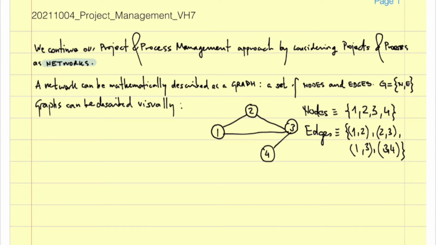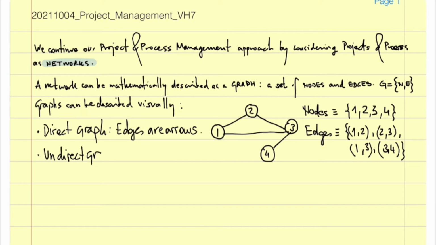We talk about two sorts of graphs. One is a directed graph, when edges are arrows, so they have a direction, or an undirected graph where edges are not arrows.